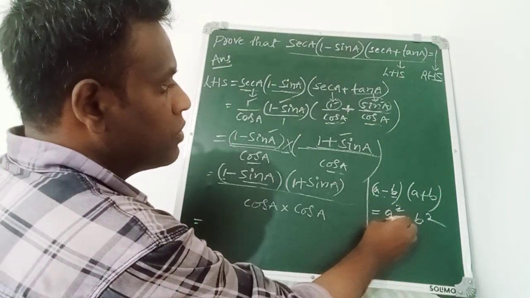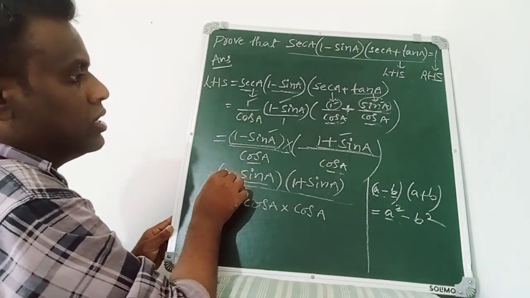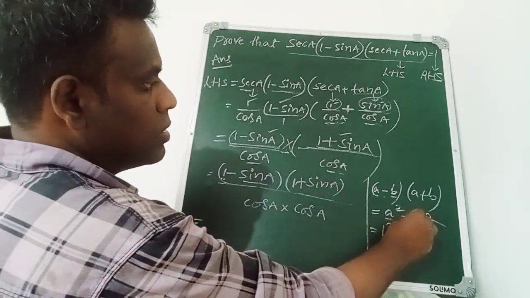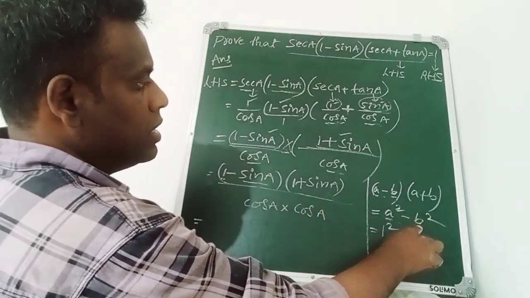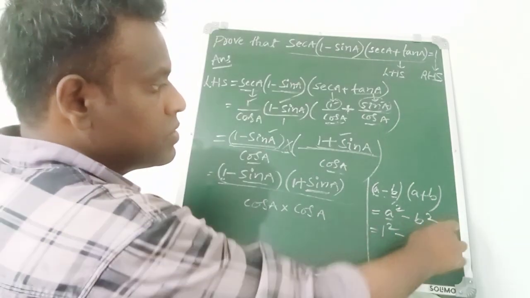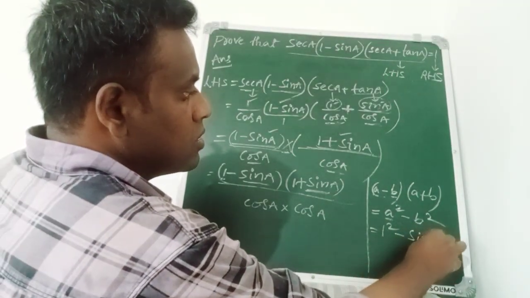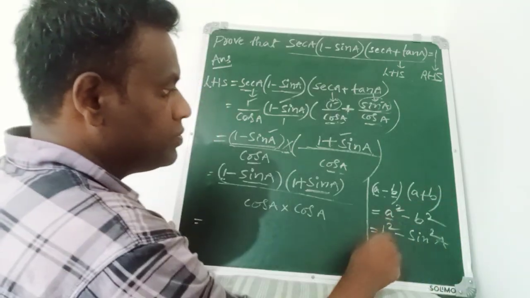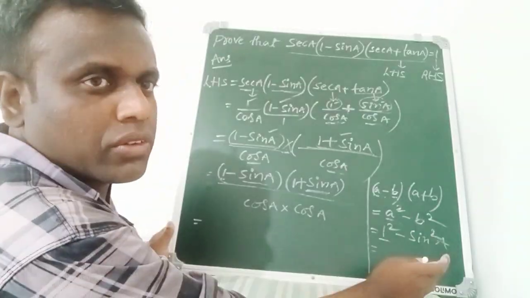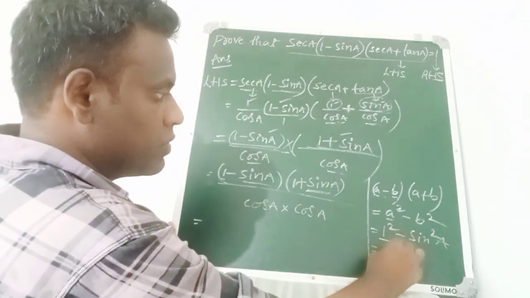Okay. This is the identity. In place of a what we have here? 1. So a square means that is 1 square. This minus b. In place of b what we have? Sin a. B square means sin square a. Next step, 1 square means 1 into 1. We get 1 only. So 1 square is equal to 1.